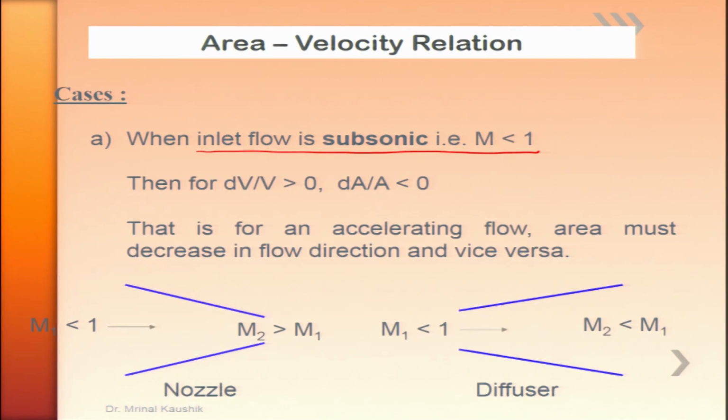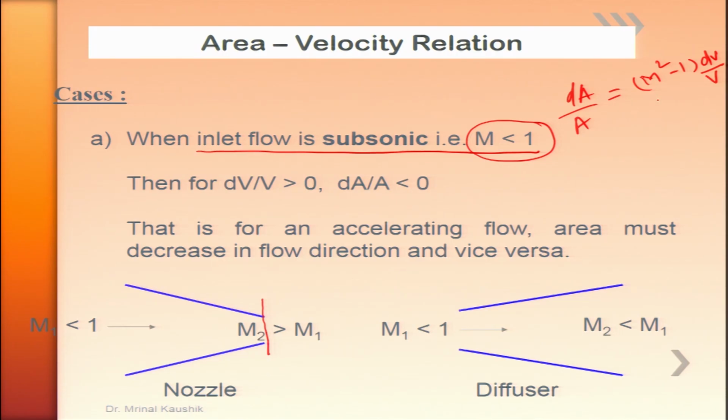Now further, one more point: in the subsonic case, where M is less than 1, at the exit of the nozzle the maximum Mach number achieved is 1, because dA by A equals (M squared minus 1) dV by V, and this is a first derivative.